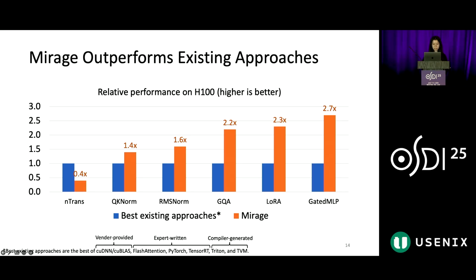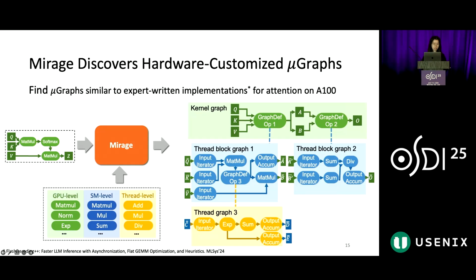Next, I want to show an interesting case study, which is the attention case, to illustrate that Mirage can discover hardware-customized MuleGraphs. On A100, Mirage finds a MuleGraph which uses a similar parallelization strategy to the expert-written kernels. Here, the first kernel basically performs the accumulation.